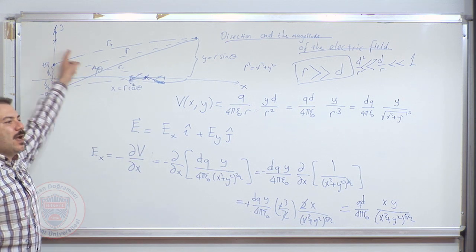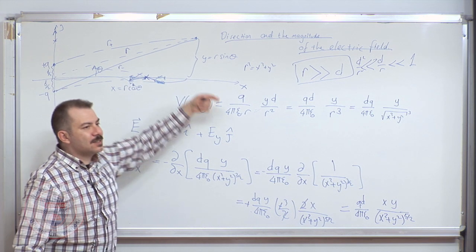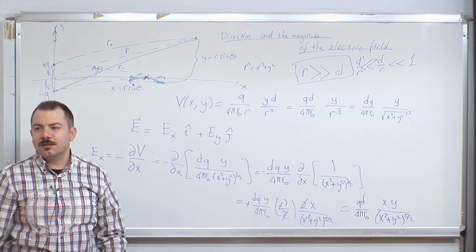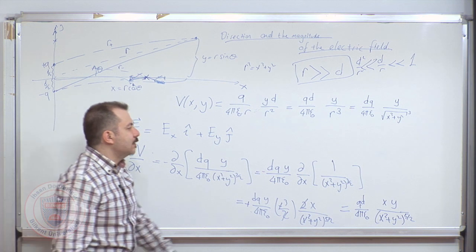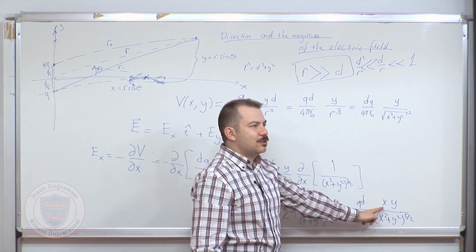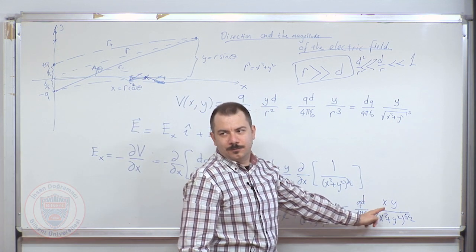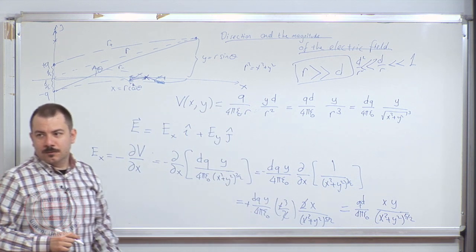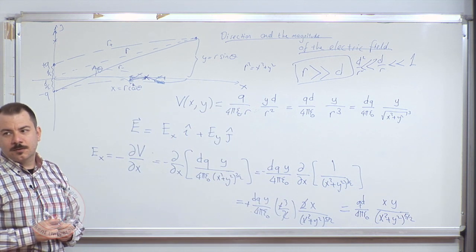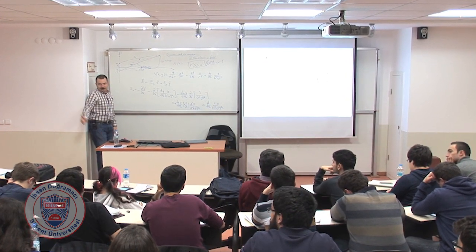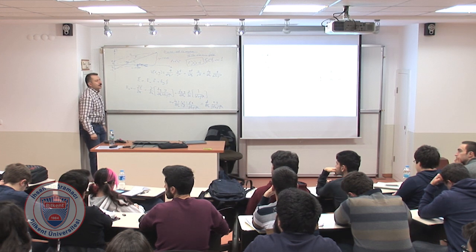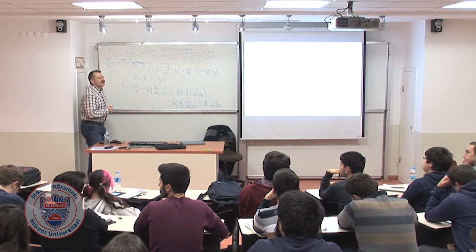So when y is equal to 0, when I'm on the x-axis, the x component of the electric field should again be 0. Do I find it to be 0? Yes, I do. Question? Why on the y-axis the electric field should be 0? Not the electric field, but the x component of the electric field. Good question. Let's quickly find the y component.